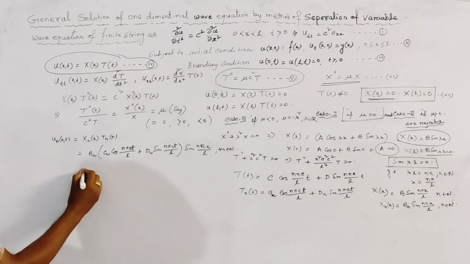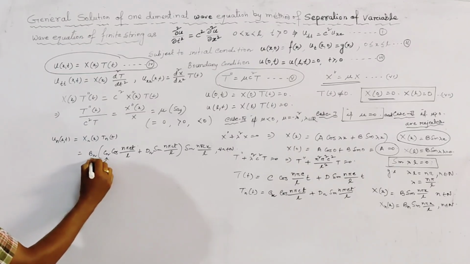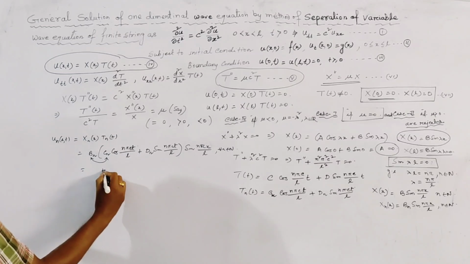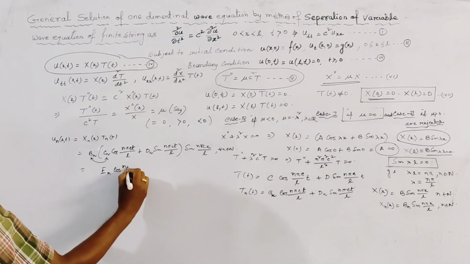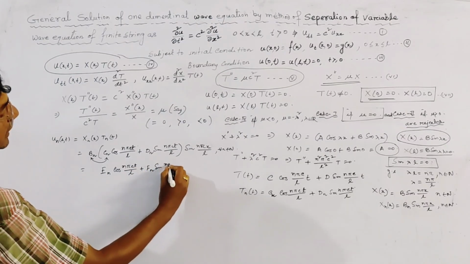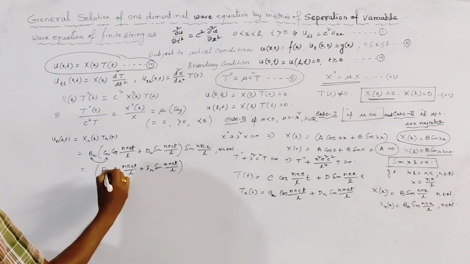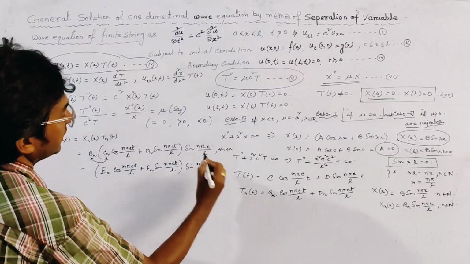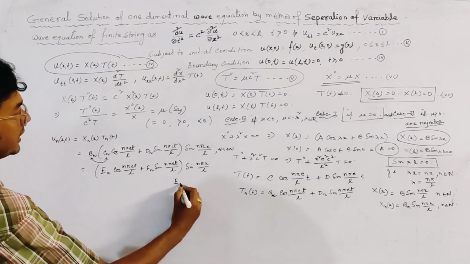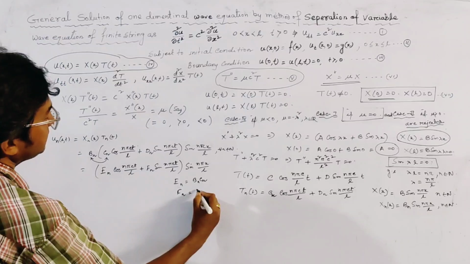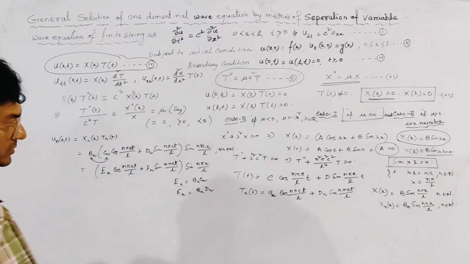Okay, and if we take these two arbitrary constants as one arbitrary constant, we can write this equation as (e_n cos(n pi c t by L) plus f_n sin(n pi c t by L)) into sin(n pi x by L), where we let e_n equal b_n into c_n, and f_n equal b_n into d_n.